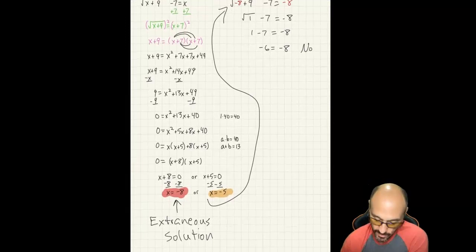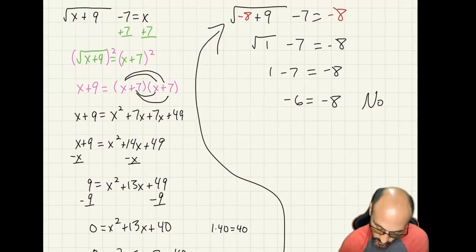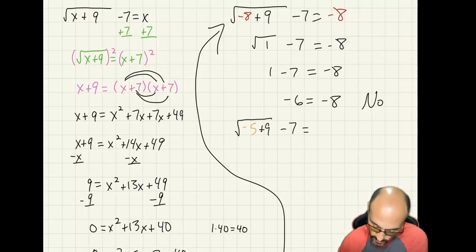All right. So now we're going to plug in negative 5 and see if that comes out to be true. We have the square root of negative 5 plus 9 minus 7 equals negative 5. Negative 5 plus 9 is 4.